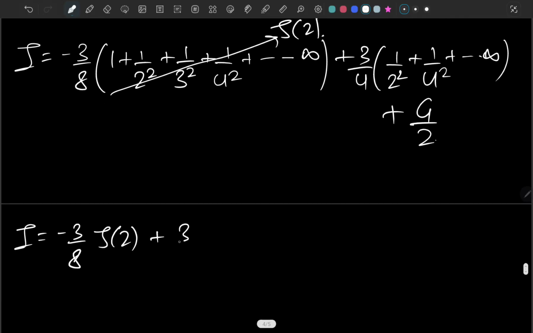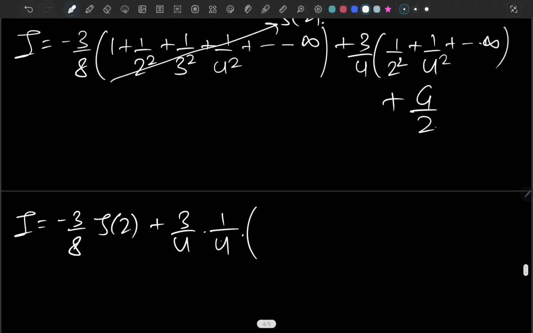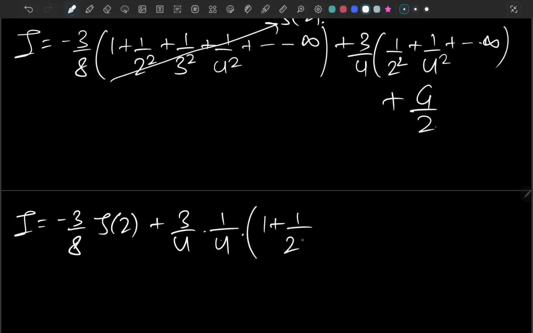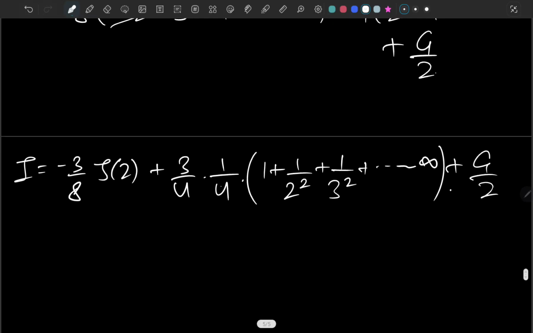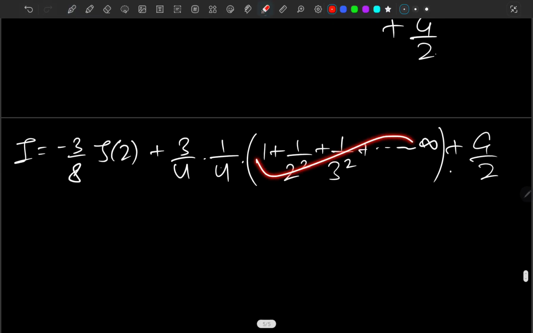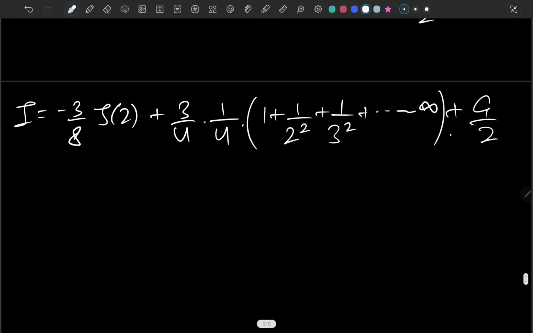So we have 3 over 4, and 1 over 2 squared is 1 over 4, and when we factor that out we have 1 plus 1 over 2 squared, 1 over 3 squared, and dot dot dot to infinity. Hence we are having again a Riemann Zeta of 2 here, as you might see. So we are very close to our result, guys.